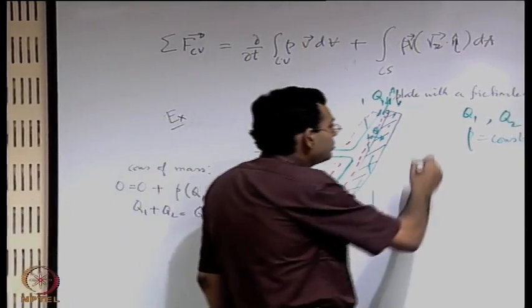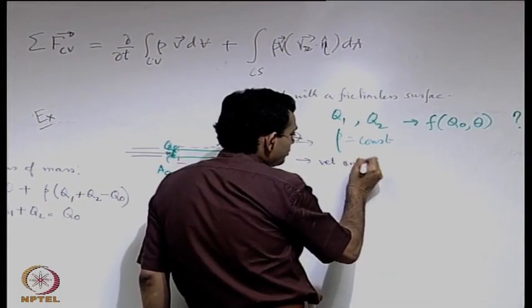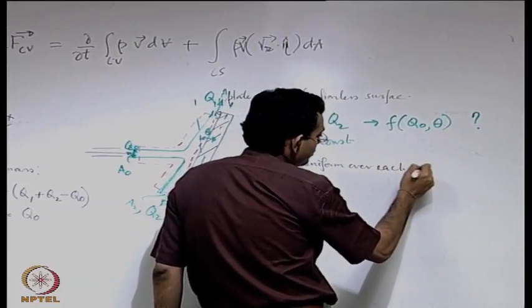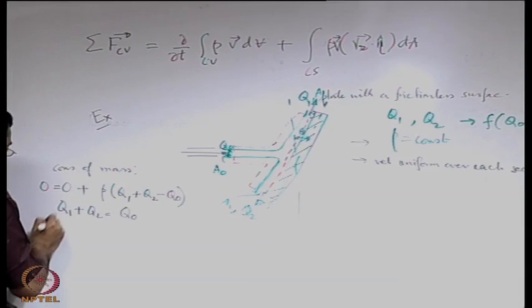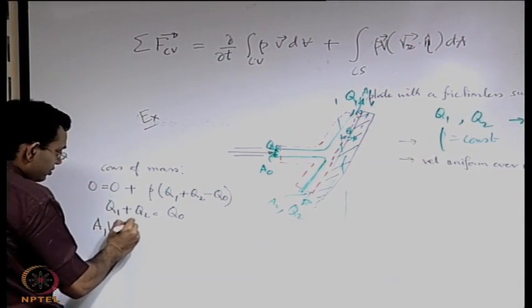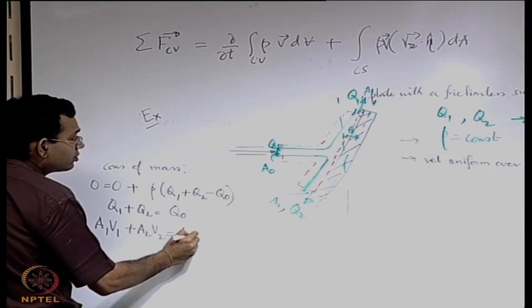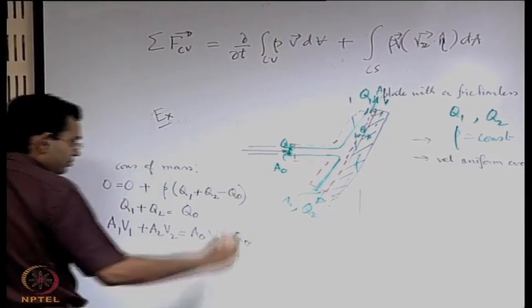Let us make another assumption that the velocity is uniform over each section. So you can write this as good as A1 V1 plus A2 V2 is equal to A0 V0 or Q0, whatever, equal to Q0.